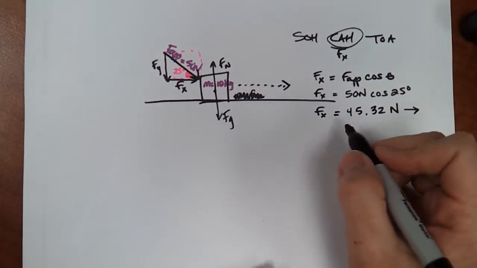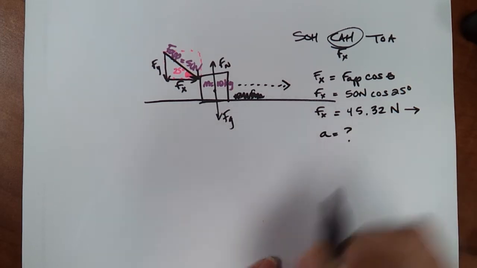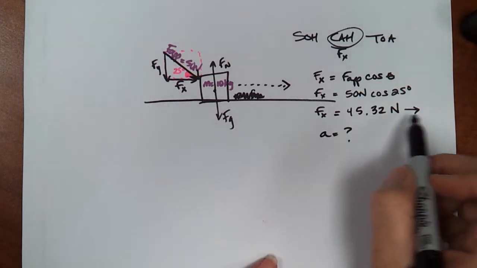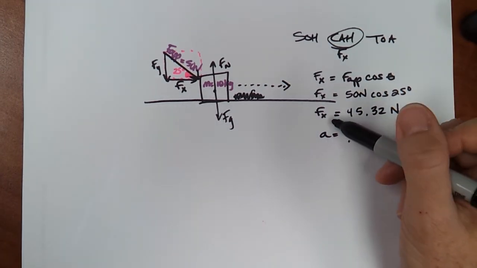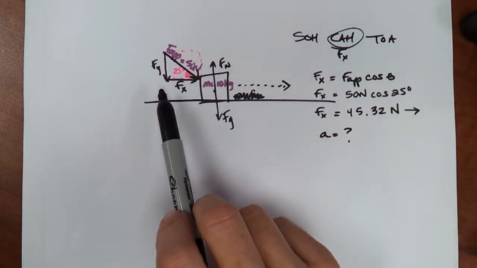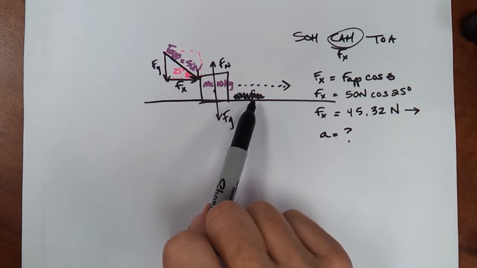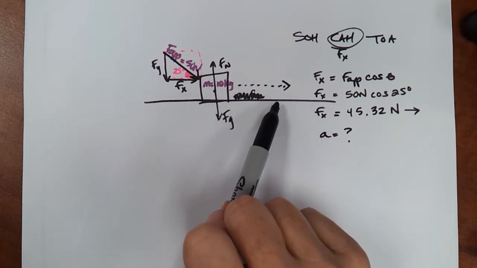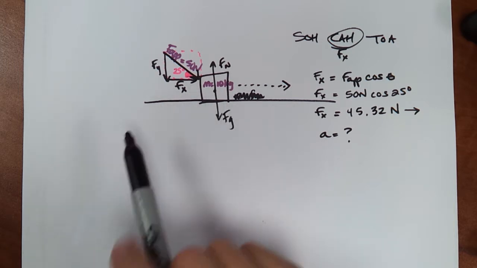So let's say that the question is really asking to find what is the acceleration of the object. We already found what force is causing it. Remember that the acceleration happens in the direction of the net force. The net force here is going to be the x component of that applied force, where you took out friction to make it simple, but I could just give you a number and you would just subtract the friction out of the Fx component.